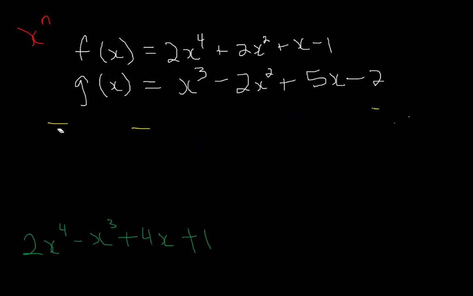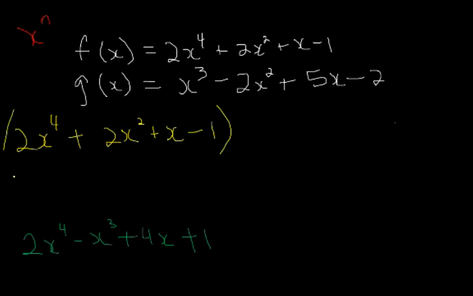We're doing f of x minus g of x. I'll put this in brackets so I don't mess it up, right? And this is minus g of x. And g of x is x cubed minus 2x squared plus 5x minus 2.